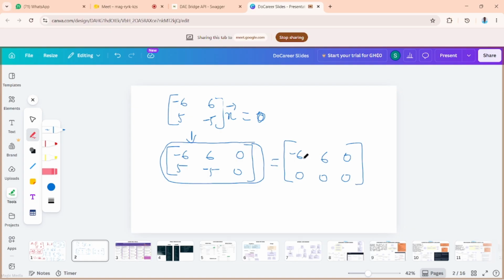So now, having a look at this, do we have a free variable inside? Yes, we have a free variable here. Which is what? X2. I asked if you have the free variable, is it yes or no?